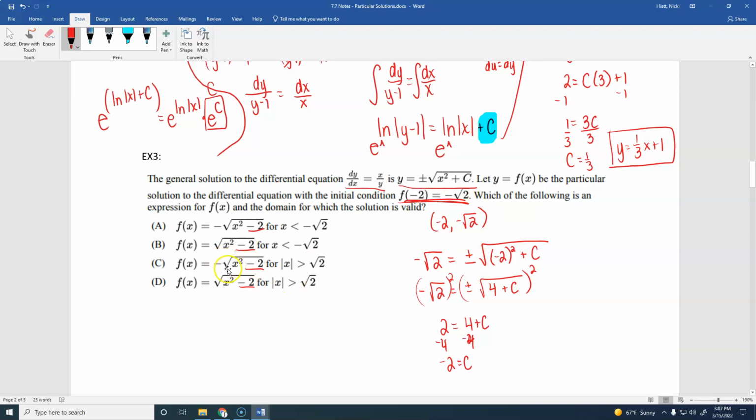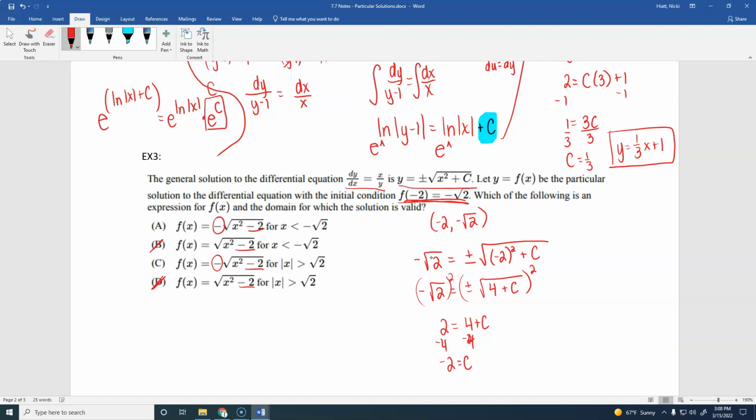Is there any way we can get a negative underneath that square root? No. So to get that negative square root of 2, we have to have one of these answers right here that has the negative. Our original had that plus or minus, and you have to choose one of those. So it's going to have to be either A or C because you've got that negative that you're getting there.